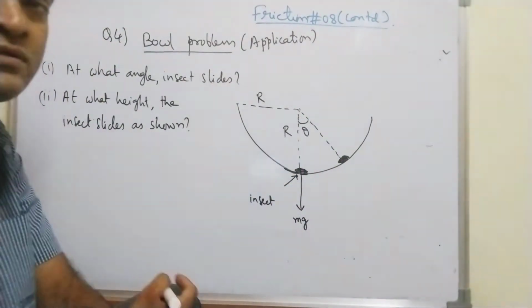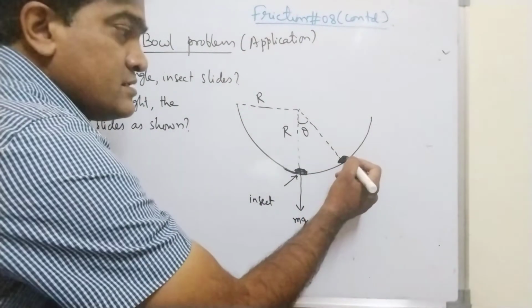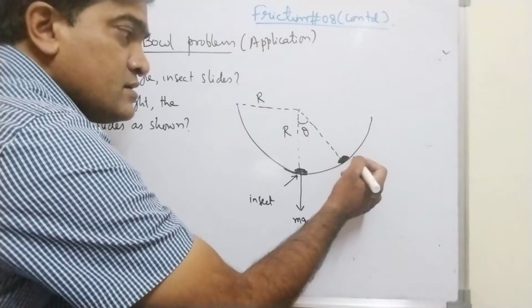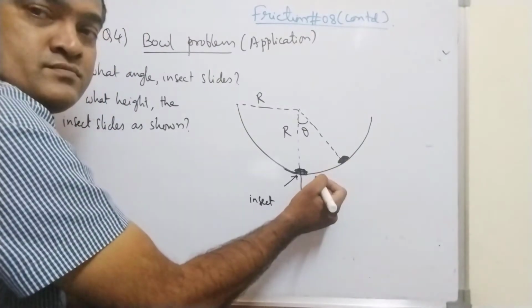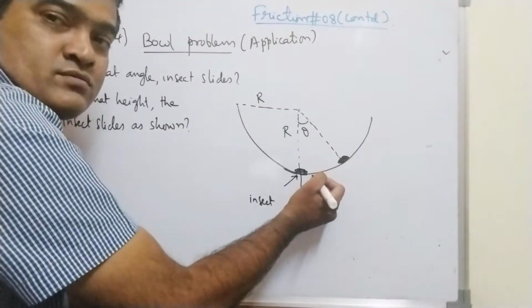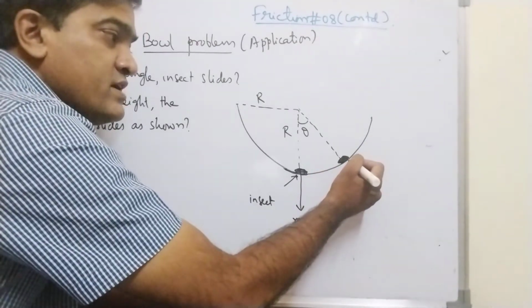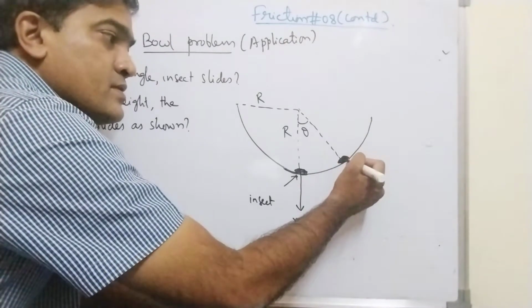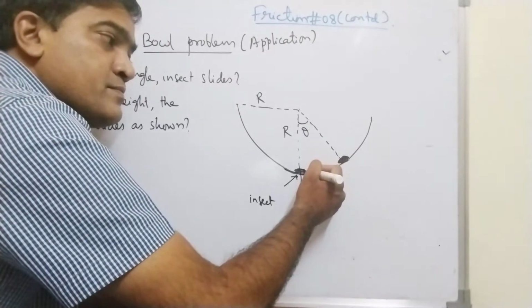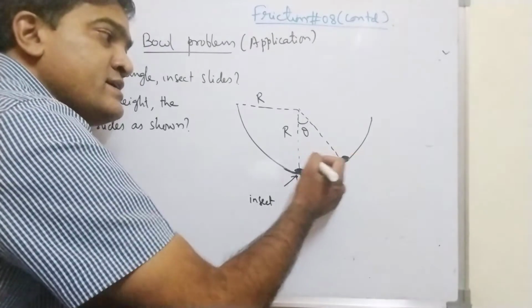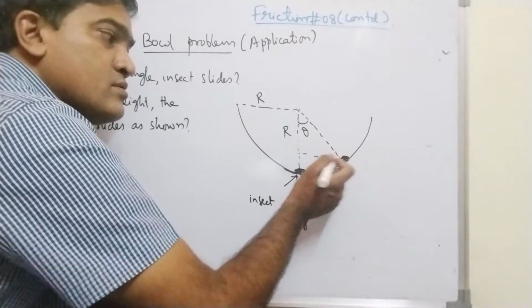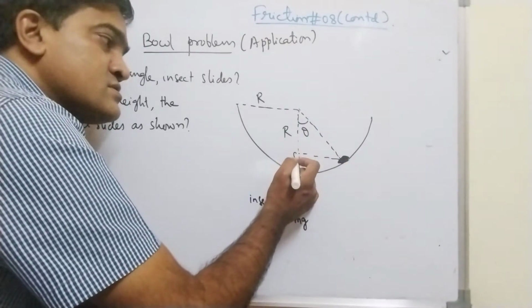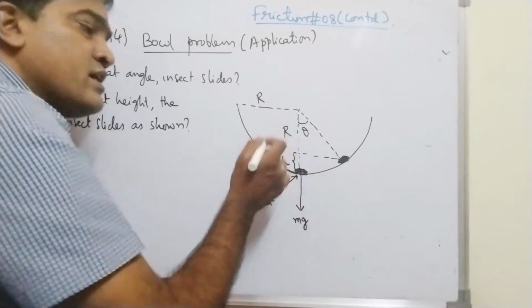This theta I want. And then the moment after reaching here, it slides down. This is the maximum height it has reached, so let me take this height as h. I want this height also.